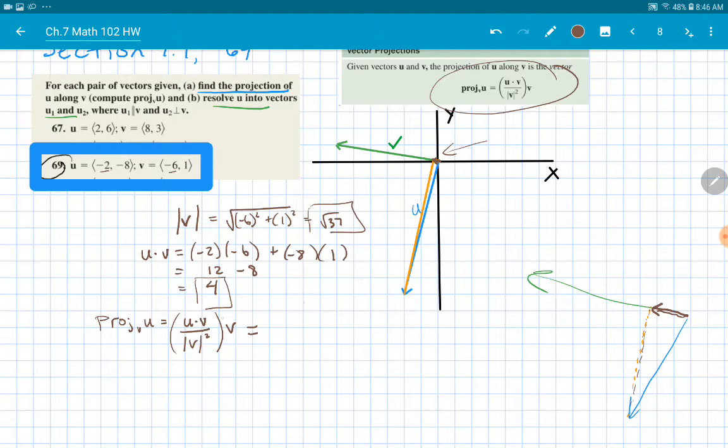So let's plug in these numbers. u dot v, we got 4. For the magnitude, we got radical 37. Squared is going to give me just 37. And the vector is -6, 1. So that equals 4 over 37 times -6, 1. Let's pop that into my calculator.